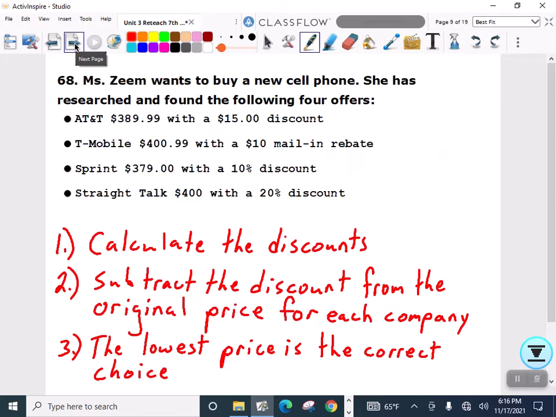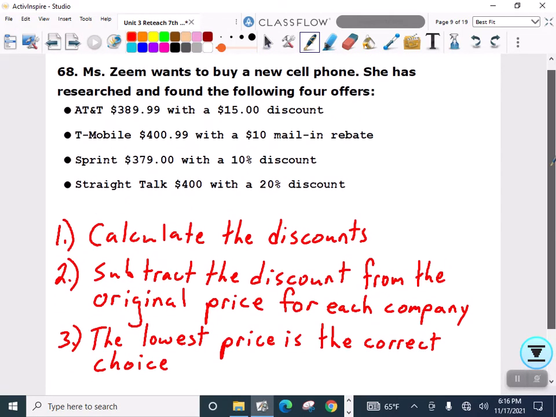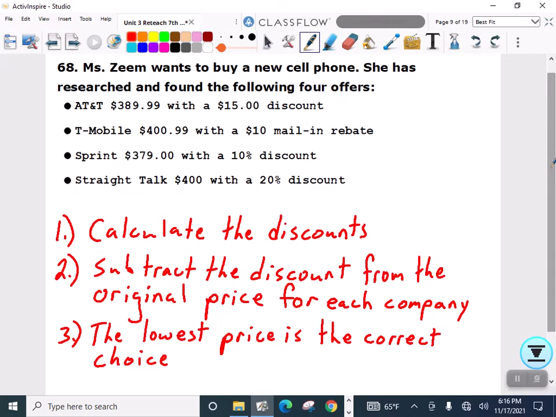Next one, 68. Mrs. Z wants to buy a new cell phone. She's researched and found the following 4 offers. Okay, I don't have example numbers for this, but here's how you approach this. There's 3 things you need to do in this order. Calculate the discounts. So you have to calculate the discounts for each of these.